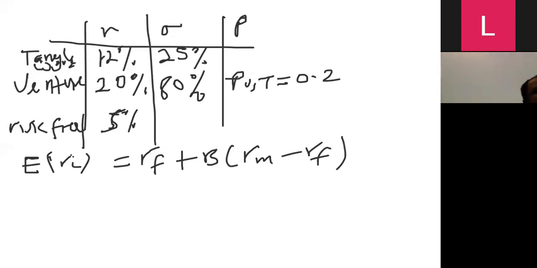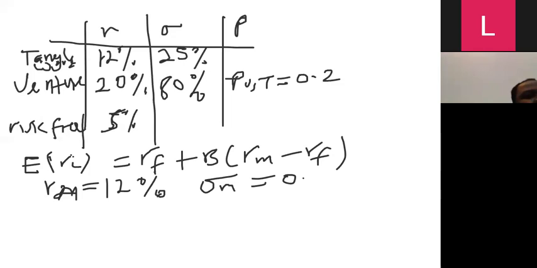Now, when you look at the question carefully, prior to adding the venture capital, the only asset that we had was Tanglewood, which means that Tanglewood represents the market. In that regard, I can say the return on the market, RM, is equal to 12%, and the volatility on the market is also equal to 0.25.